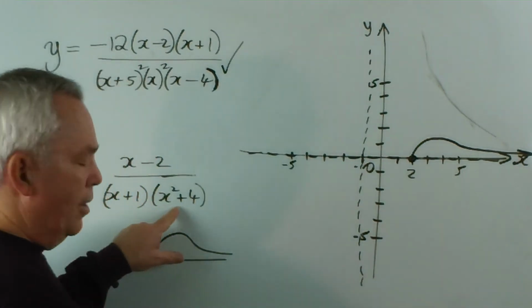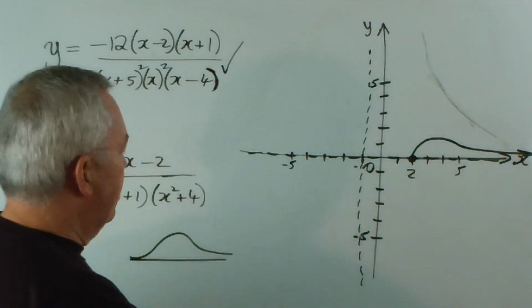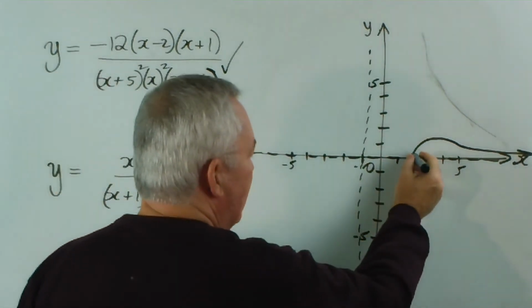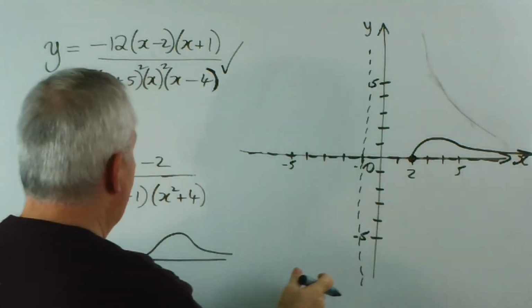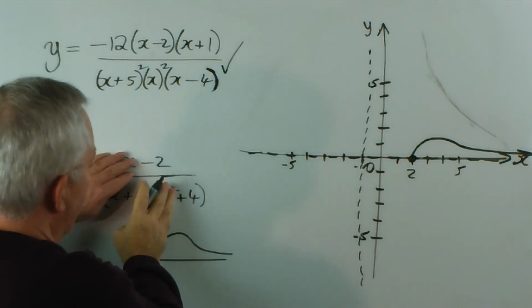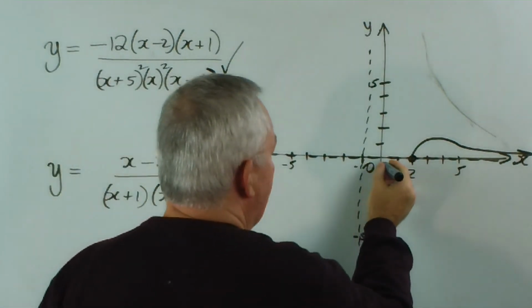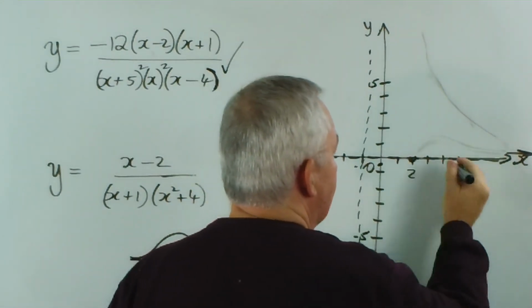Now, near 0, or for small values of x, this will have an effect. It will cause a bit of a squiggle. I didn't check the y-intercept, by the way. Let's put x equals 0 in, and we get minus 2 over 4 is minus a half. My goodness. Let's revise this.